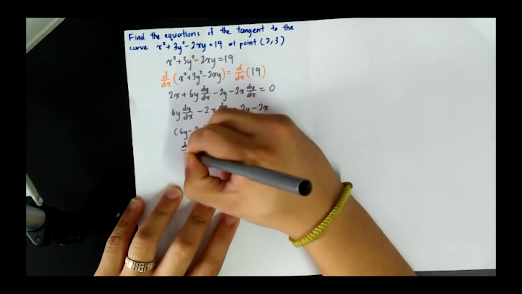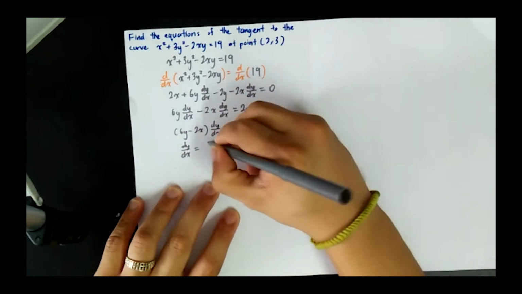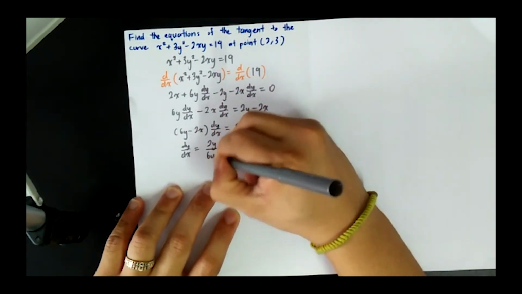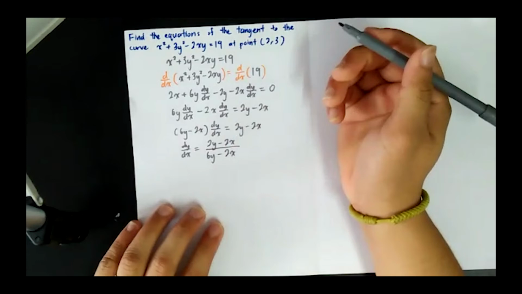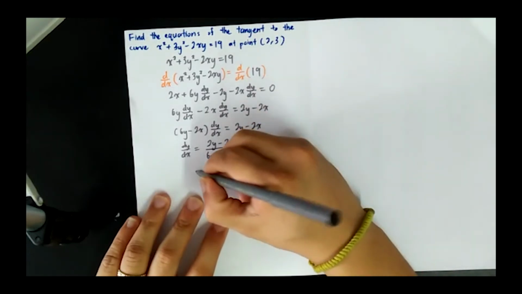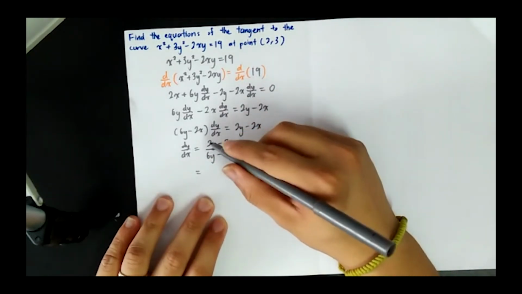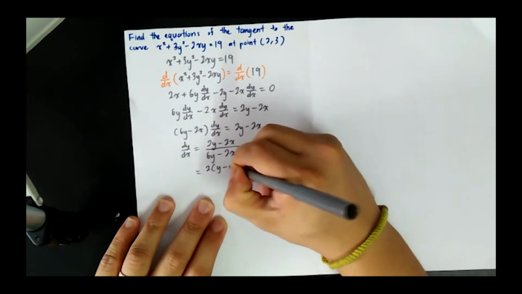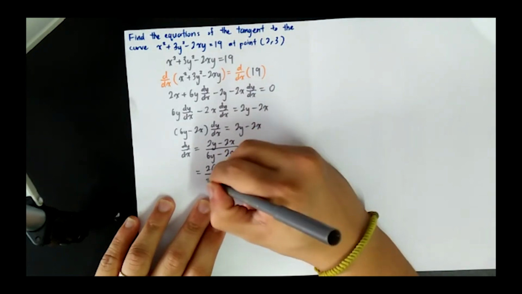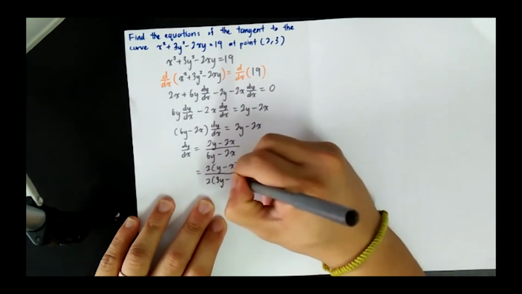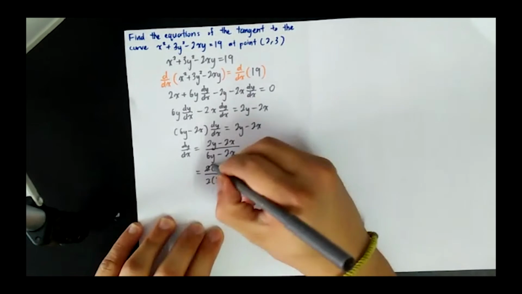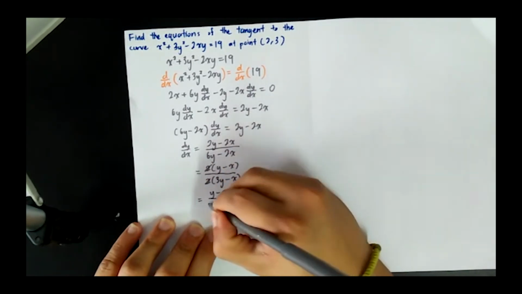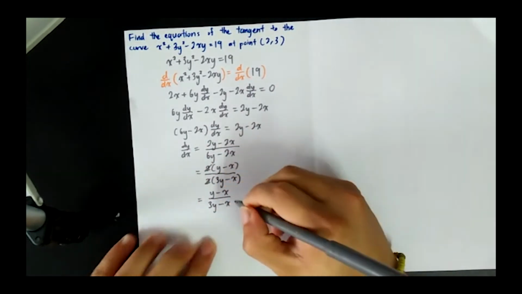Then we factorize, because it's not in the simplest form. The final answer, the simplest form, is this.